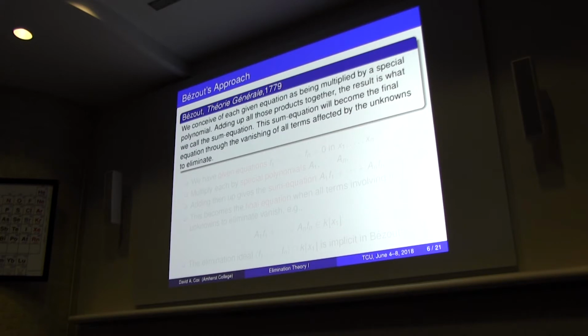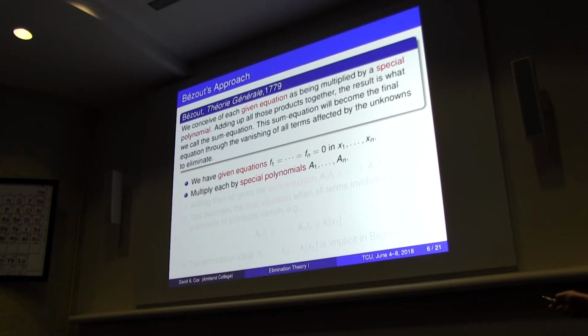So let's go through that a bit more slowly. The given equations, I'll call them f1 to fn in variables x1 to xn. So the idea is that we're in a situation where the number of equations matches the number of unknowns.